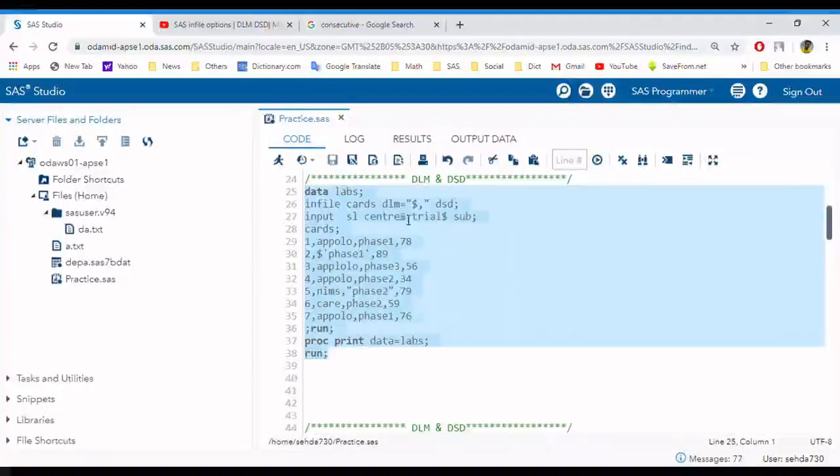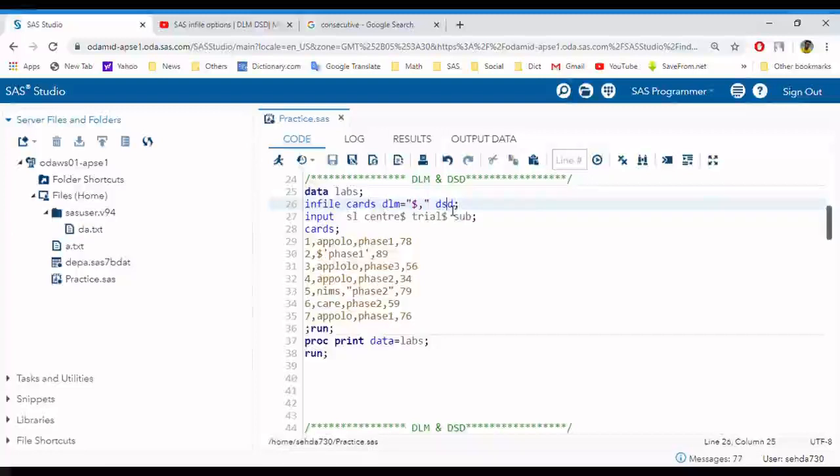So if we are using DSD along with DLM, here comma and then dollar along with this DSD, then also these two will be considered as something missing between them.